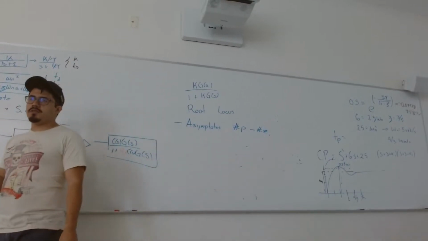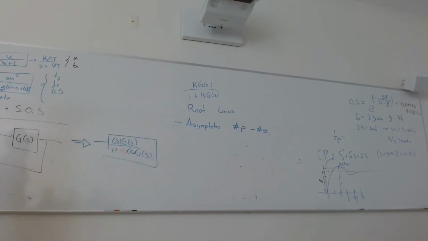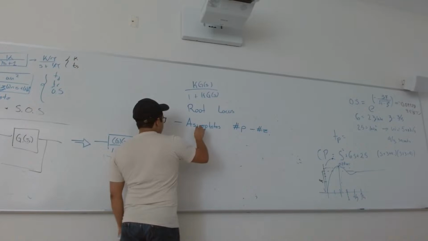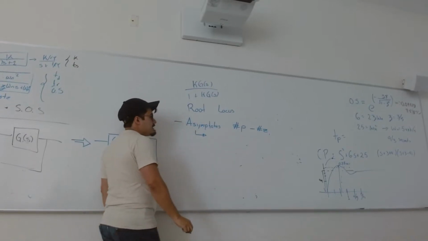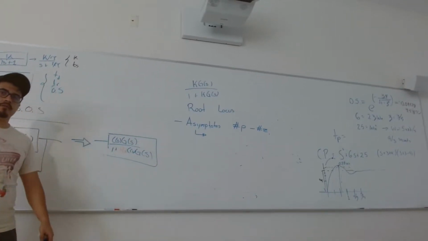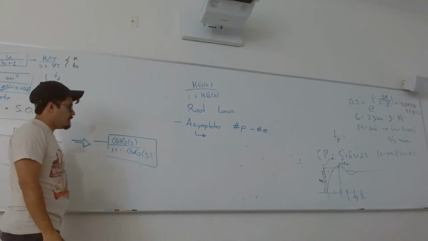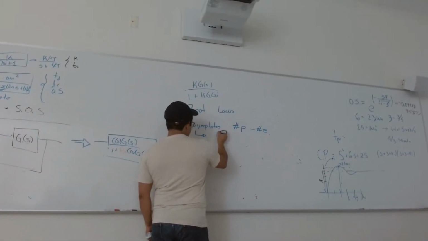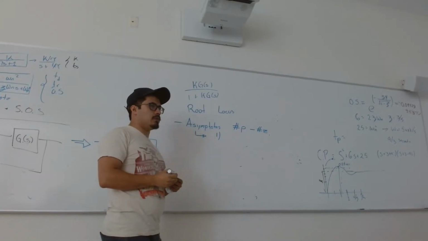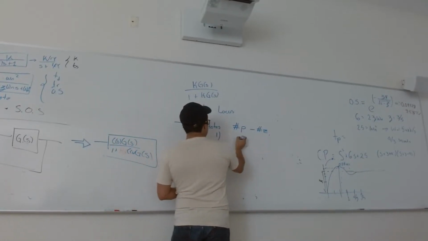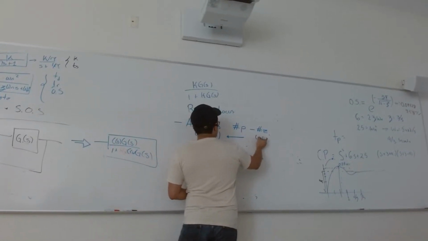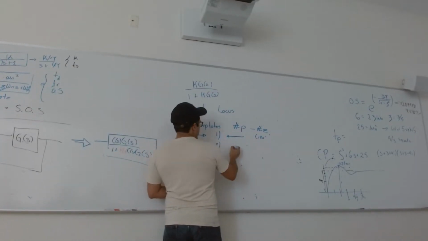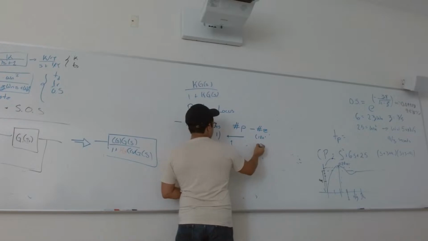Remember, zeros attract poles. In which directions are these asymptotes going to be moving? It's really easy. For one asymptote, what's the direction of that asymptote? 180 degrees. For two asymptotes, 90 and minus 90.